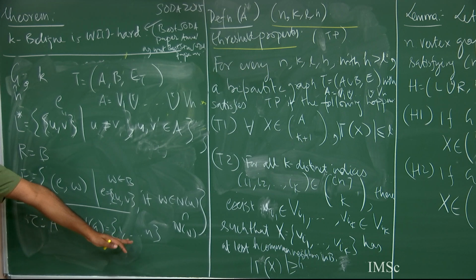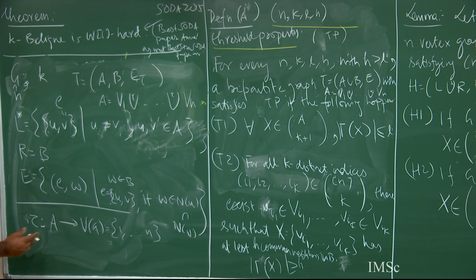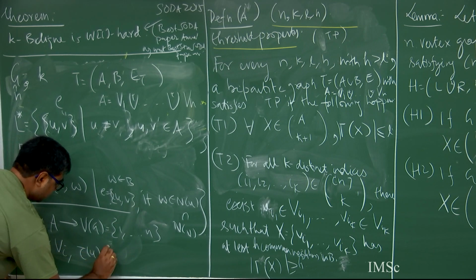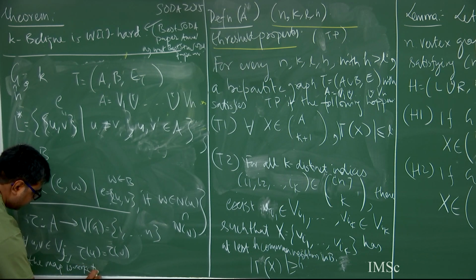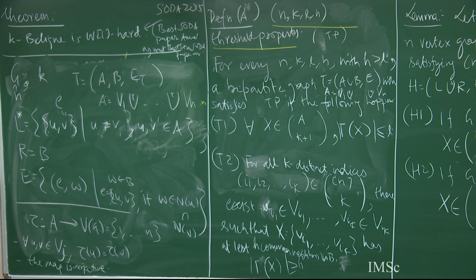That each Vi just maps to one of the vertices. So tau is a mapping from A to the vertex set of G with the following property: for all U comma V in the same Vi, tau of U is equal to tau of V. So if they are in the same class, they map to the same vertex. I should also say that the map is surjective, which means every vertex has an image. Okay, fine, so we'll work with this function tau.